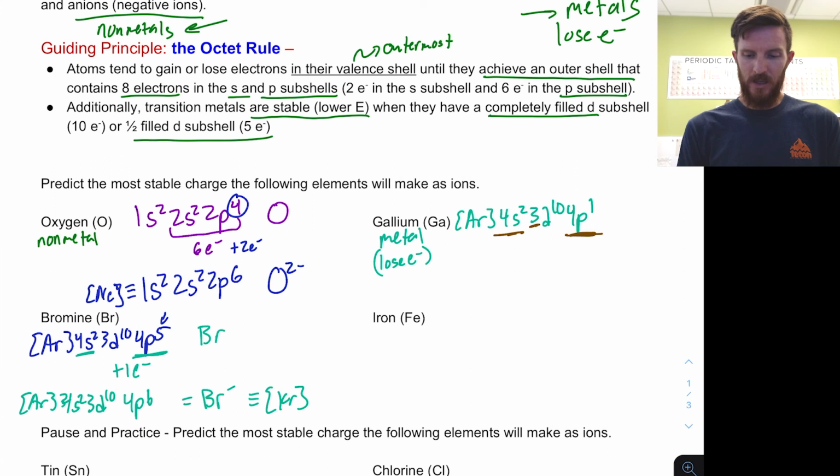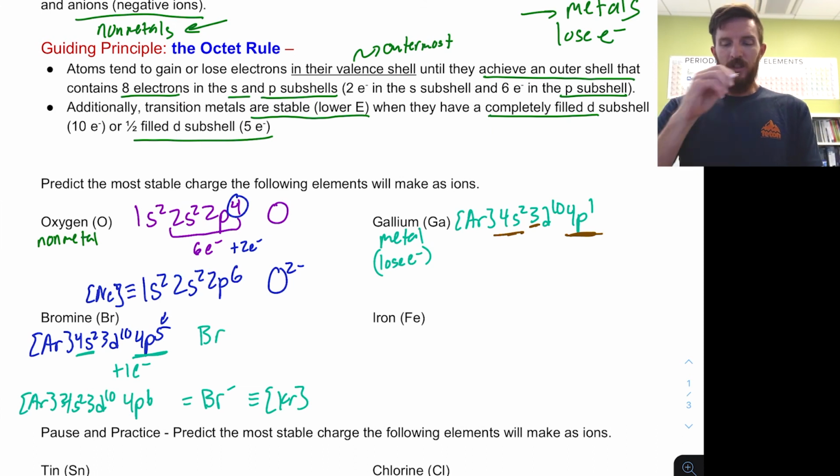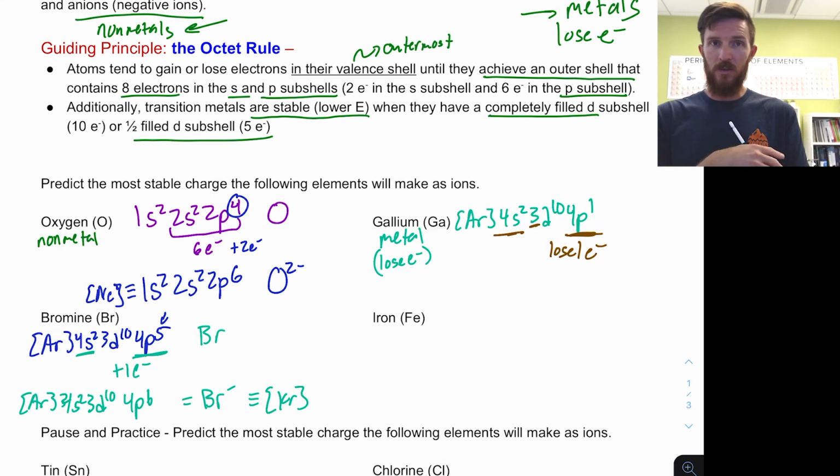And again, reminding us, our 3d are not our valence electrons. Those ones are closer to the nucleus. These are not necessarily the ones we're going to gain or lose when we're just looking at our valence electrons here. So we see there are 2 sets, and we can lose 1 electron in the 4p. If I lose 1 electron here, we notice that we still have a full 4s subshell. But again, we haven't made it all the way to our octet.